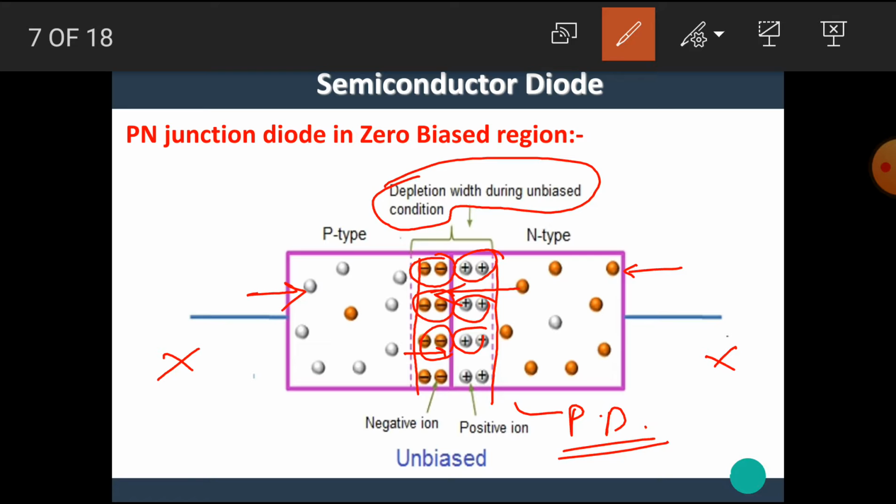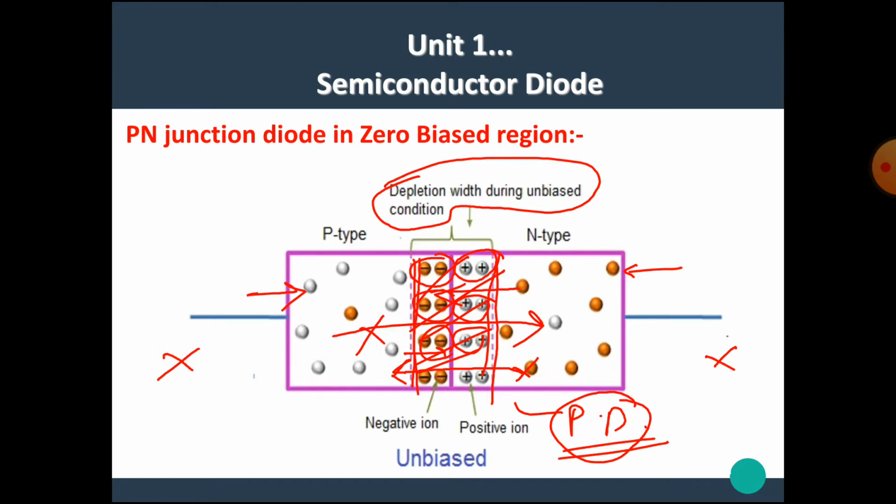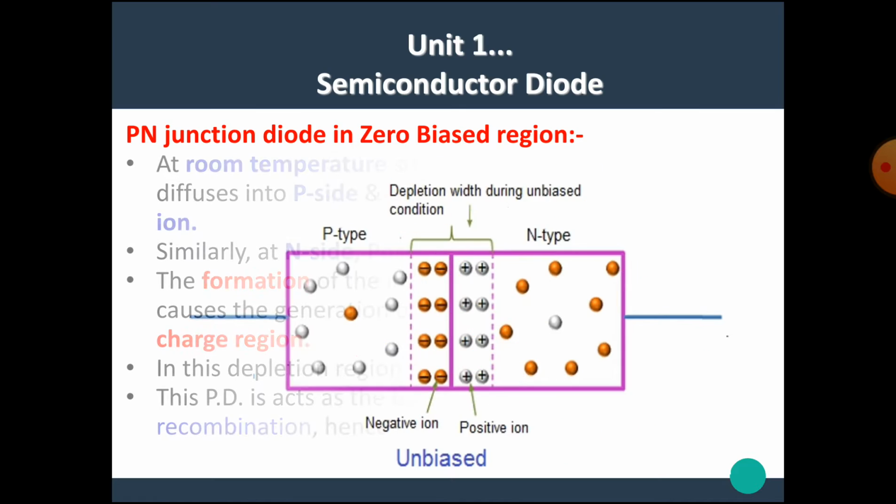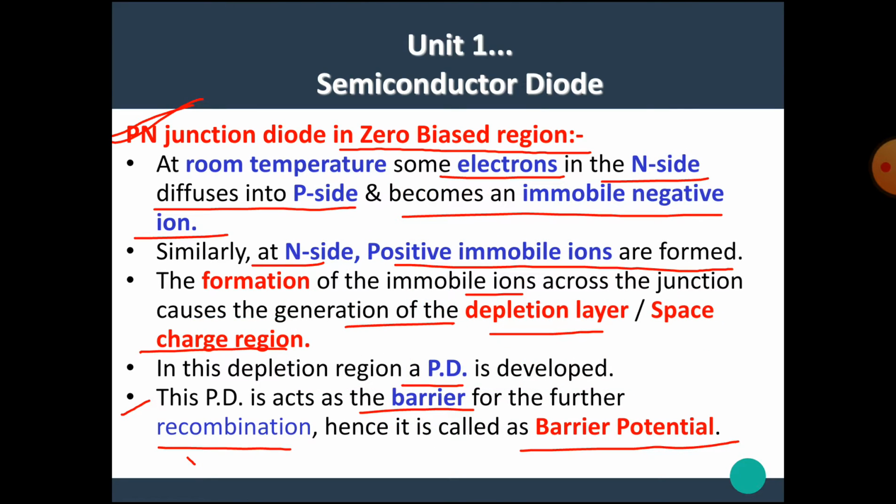That means when the barrier potential is developed across this region, this electron cannot enter this side. Similarly, this hole cannot enter this side. Further recombination stops, hence this potential is called the barrier potential. I hope you all understand the p-n junction diode in zero biased region.